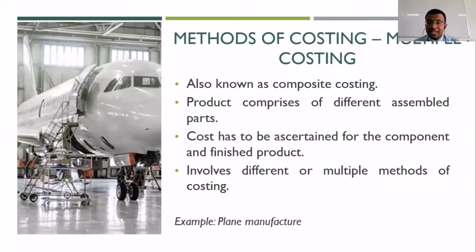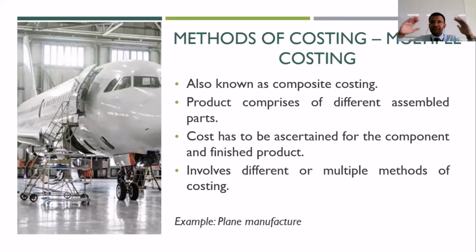Then the next method of costing that we would be discussing is multiple costing. Now, multiple costing, as the name suggests, is a very complex method of costing. It is also known as composite costing. This is used in businesses which depend on multiple parts.